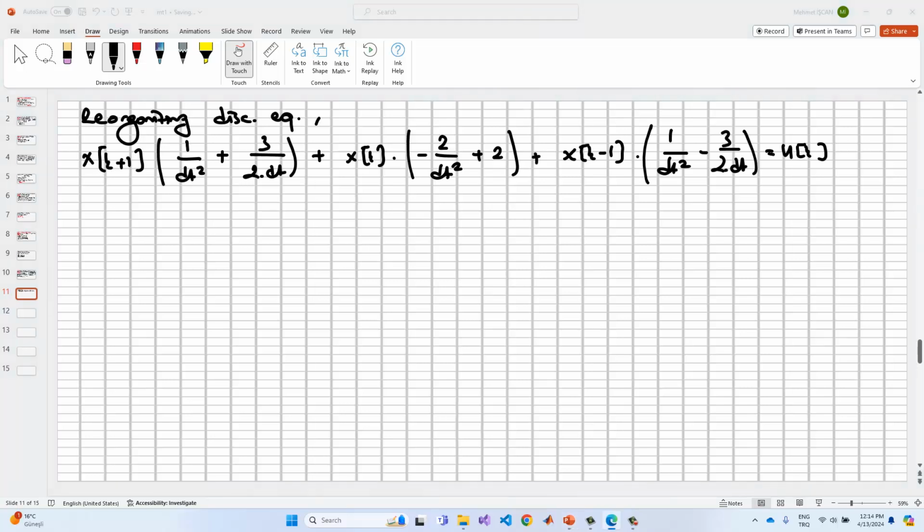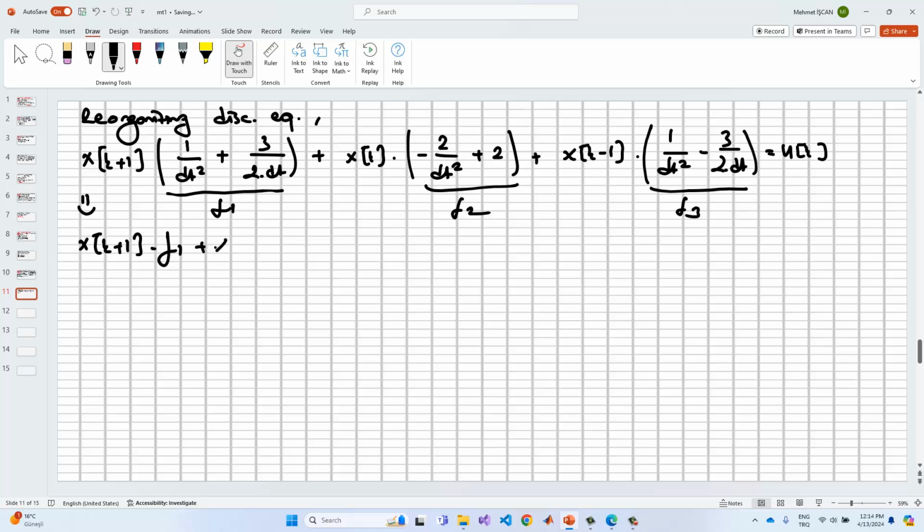For simplicity we can assign this as f1, this as f2, and this as f3, and we can write this equation like this: xk plus 1 times f1 plus xk times f2 plus xk minus 1 f3 is equal to what? The uk.